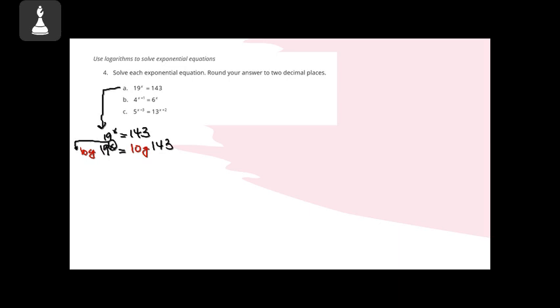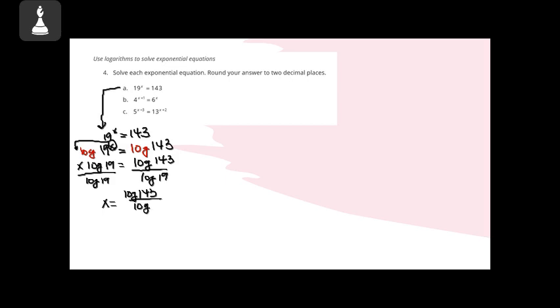So I'm going to make this x times log 19 equals log of 143. And then I can get x by itself by simply dividing both sides by log 19. So I have log of 143 over log of 19 is what x equals.